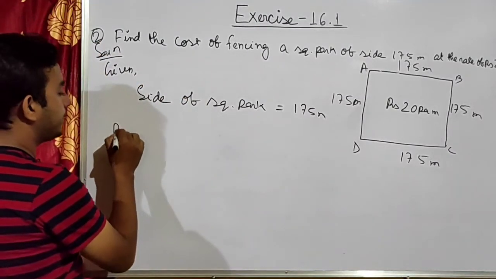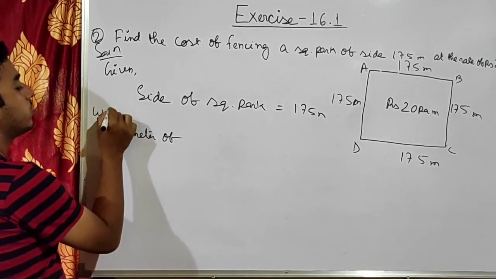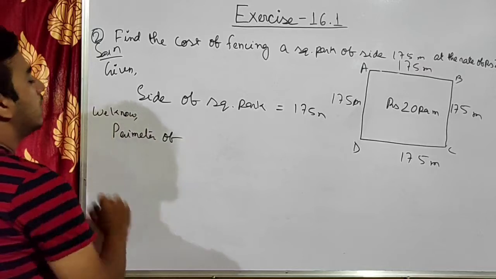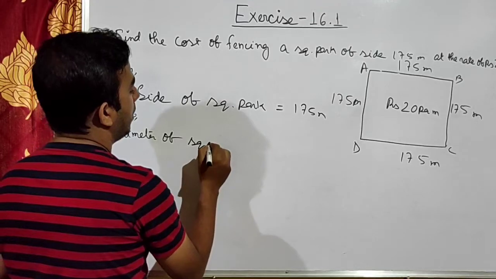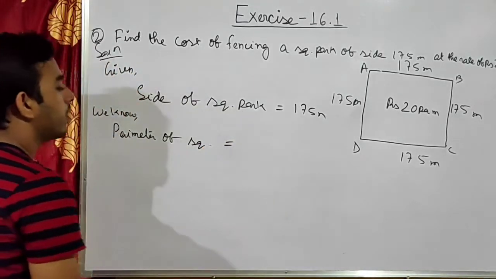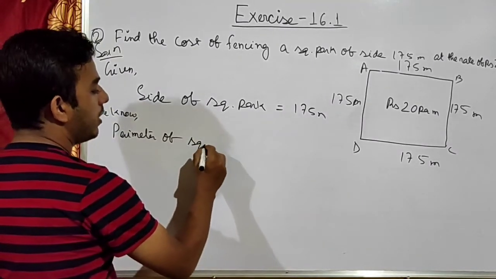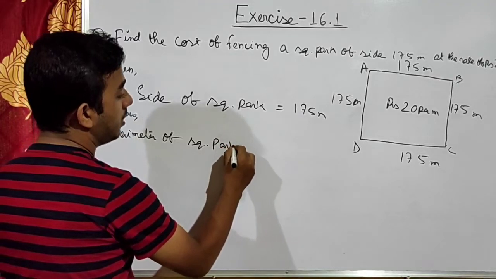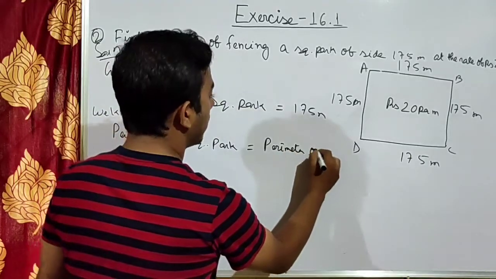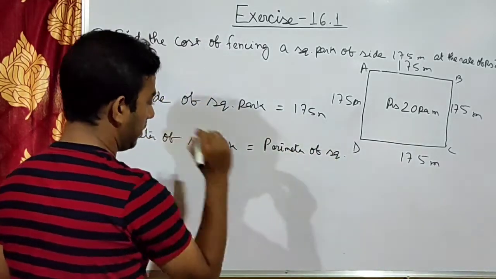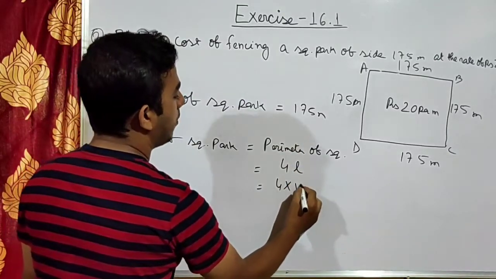So write perimeter. We know the perimeter of the square park equals the perimeter of a square. Clear? Okay. So the perimeter of a square is 4L. L means what? 175.